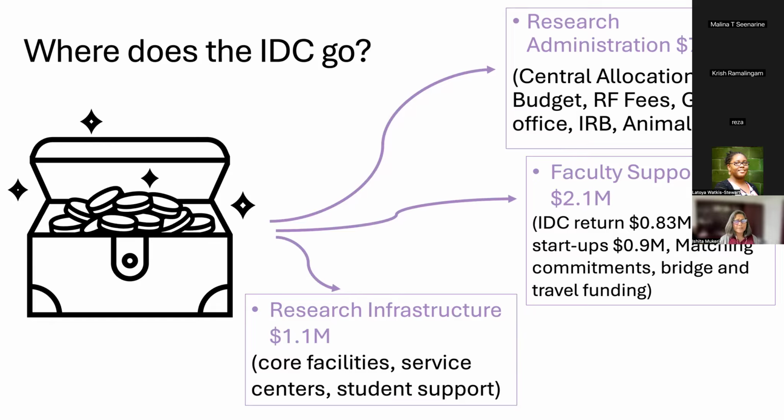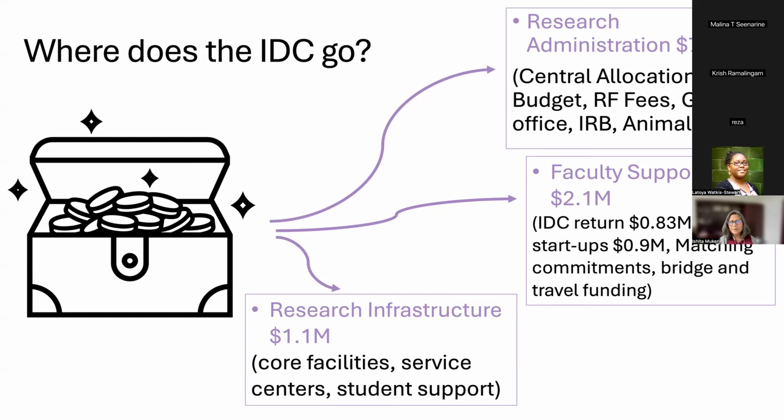Other areas where we spend money is in faculty support. So one of the main drivers for that is the IDC return, where we're returning a little bit more than $0.8 million to institutes and individuals here at City College. So you get an IDC return based on the amount of IDC that we receive from your efforts.